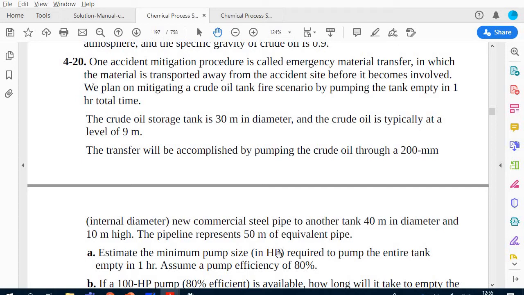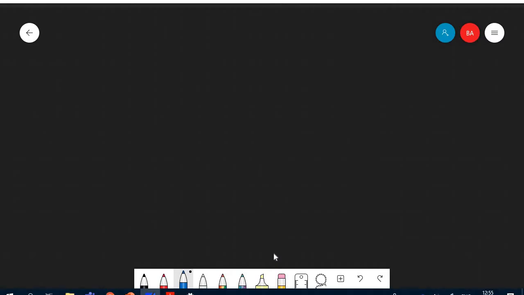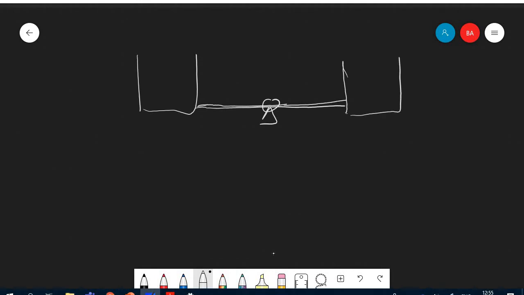Okay, so just to look at that before we understand the whole problem. I have a tank here, and I need to take this a long distance to another tank, right? There's a pump here, and I need to shift it to another tank which is 40 meters in diameter, and the other one was just 30 meters in diameter.